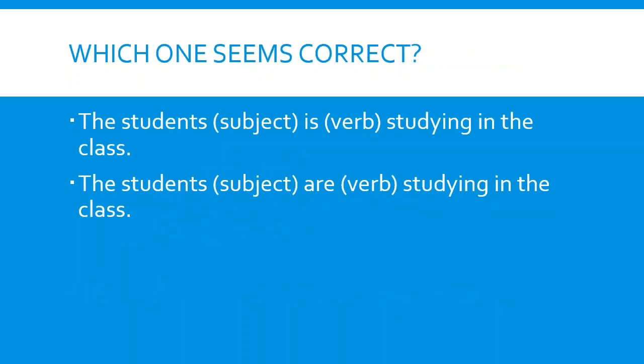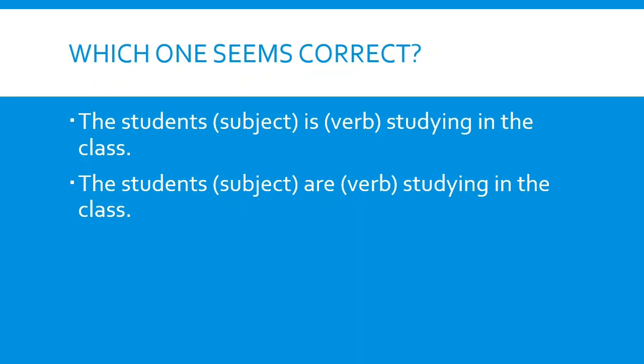Now, dear friends, read these two sentences which you can see on the screen. Which one seems correct to you? The students is studying in the class, or the students are studying in the class.